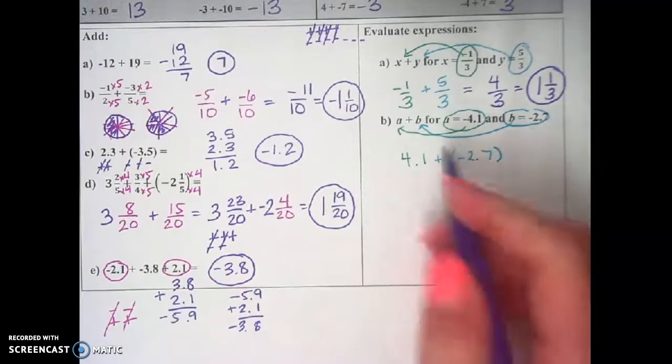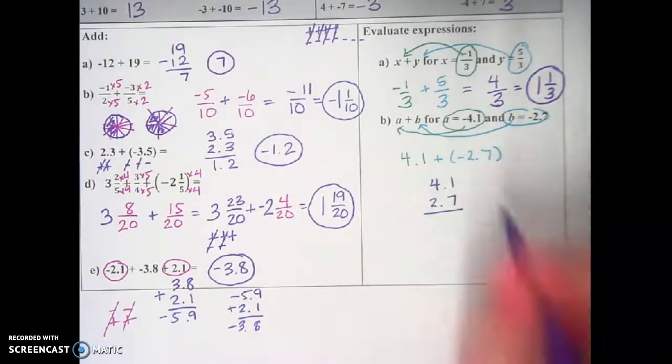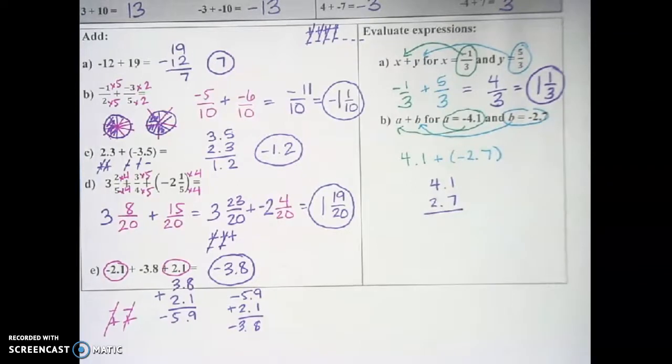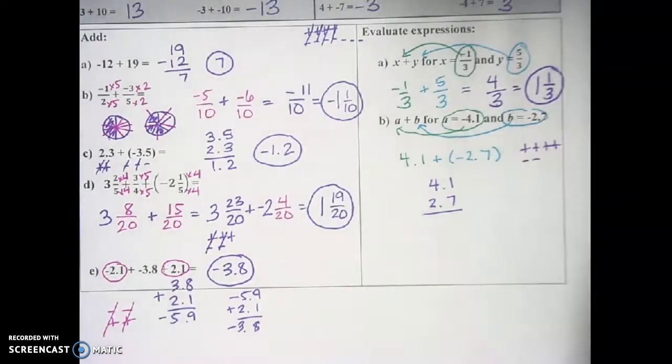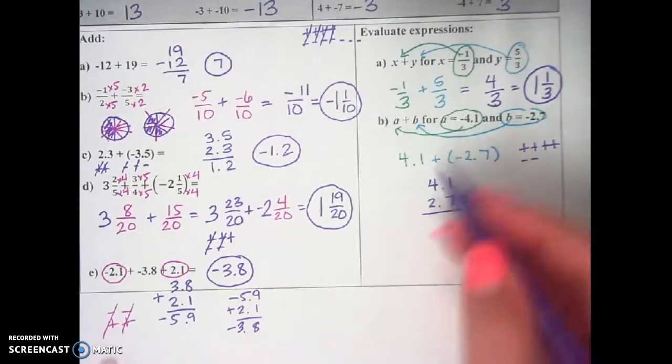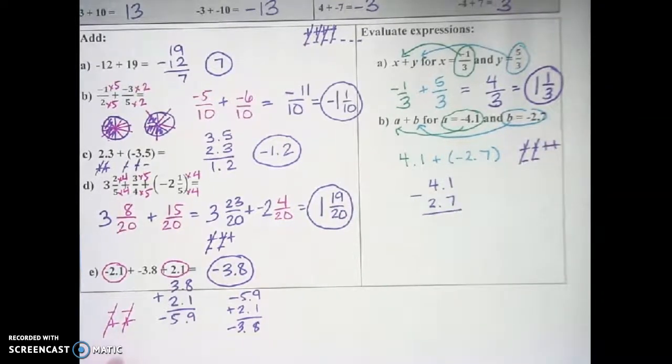Well, 4 is bigger than 2, so I'm going to go ahead and put 4 on top. Second question, are they the same signs or different signs? 4 positives and 2 negatives are different. So even though it says add, we are going to subtract them.